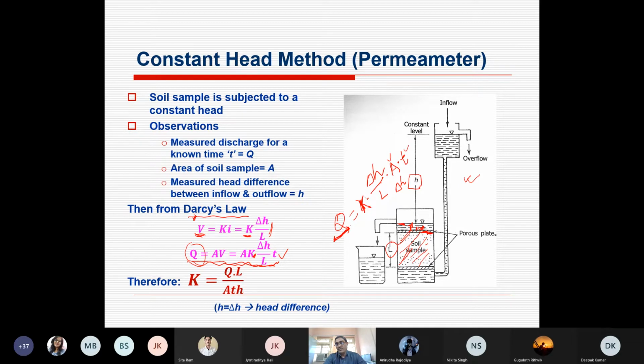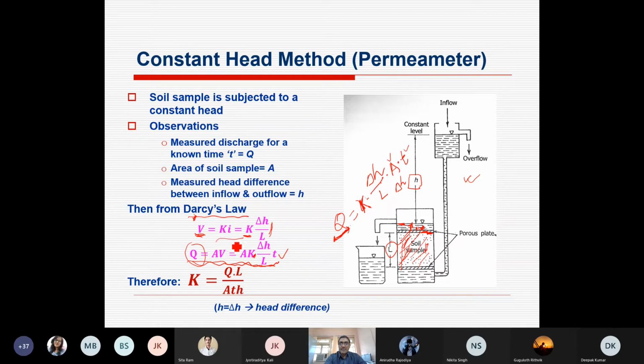Darcy's law states that flow per unit area of the sample is proportional to hydraulic head and inversely proportional to the length of flow in the soil.